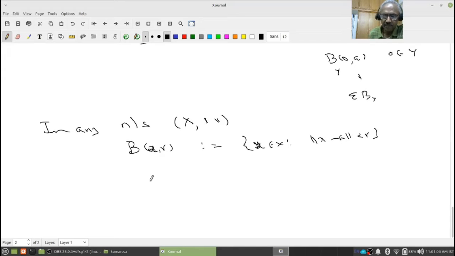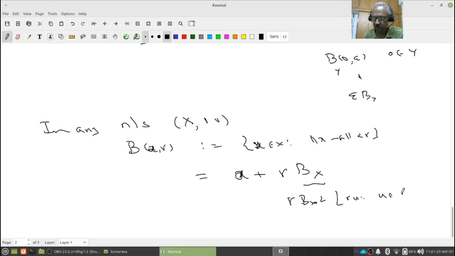I claim this is nothing other than a plus r times B_X, where B_X is the open unit ball. Now what is r times B_X? Remember, B_X is a set of vectors, therefore this simply means r times each and every vector in B_X. R times B_X is nothing other than ru, where u is in B_X.